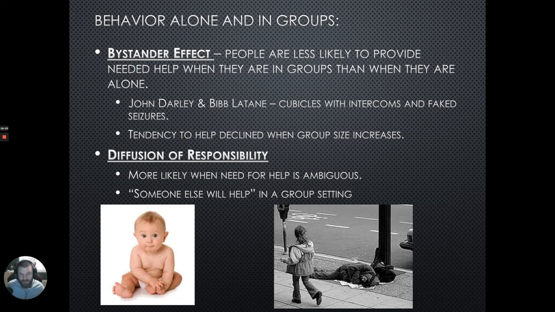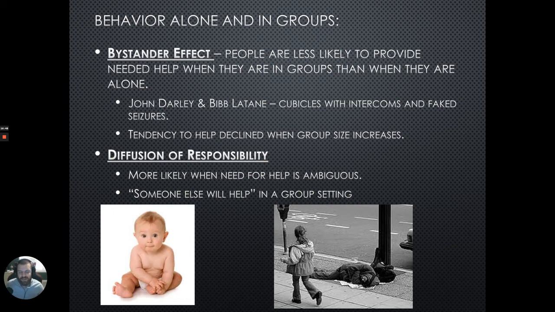So it's no different than driving down the road and witnessing a car accident and having the mindset that somebody else is probably calling 911, so I'm just going to keep driving. Now, I'm not saying you should always get out of your car and try to help people in need. It depends on a lot of factors. But you may come across a situation at some point in your life where someone around you needs help and you choose not to offer that help because you're affiliated with a group.